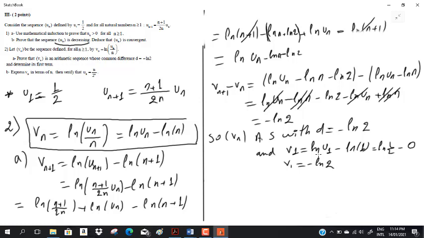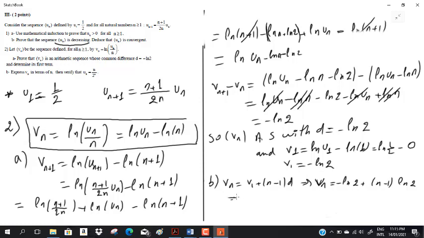Part B, express Vn in terms of n. You know the formula of an arithmetic sequence, Vn equal V1 plus n minus 1 times d. So Vn equal minus ln 2 plus n minus 1 times minus ln 2. So it's minus ln 2 plus n ln 2 minus ln 2, that is minus 2 ln 2 plus n ln 2.